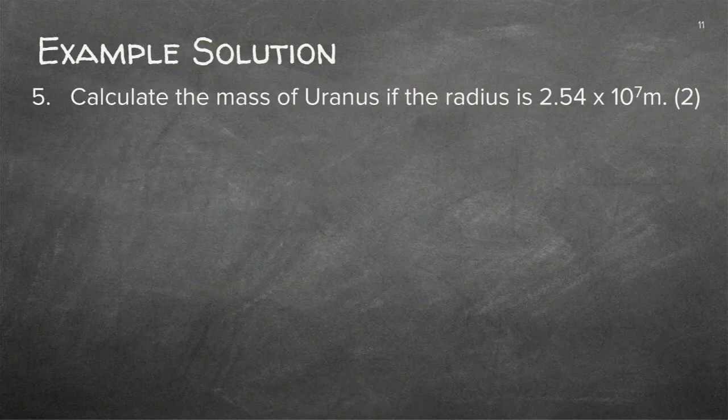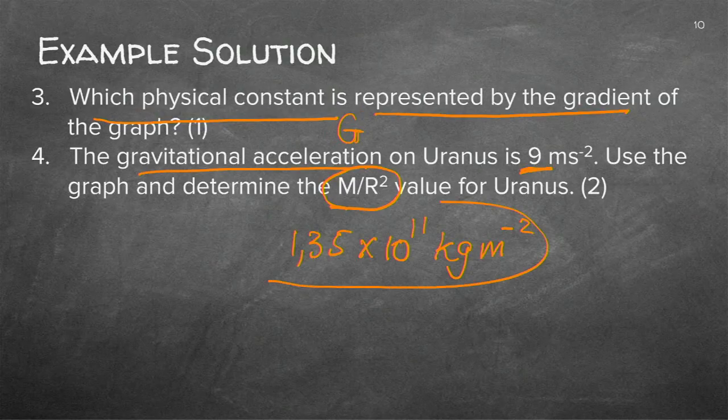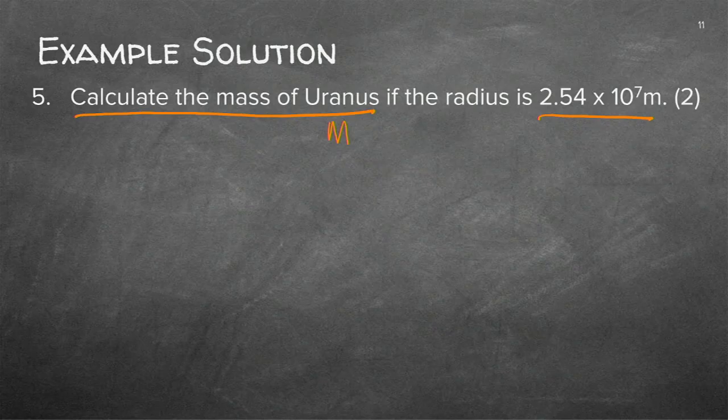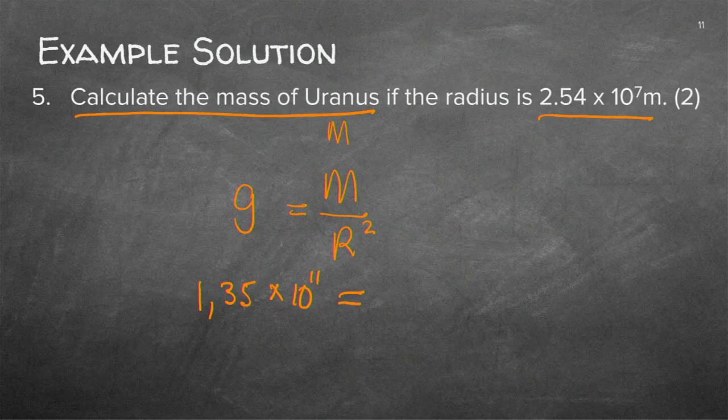The last question, calculate the mass of Uranus. So what do I have to do? I've got to calculate the mass of Uranus if they give me the radius, and they've given me the calculation that we just did. We calculated this to be the m over r square. So let's complete our equation. G is the m over the r square. We've got the m to calculate. We've got G, which we calculated in a previous question. They asked me to calculate m, and they gave me the radius.